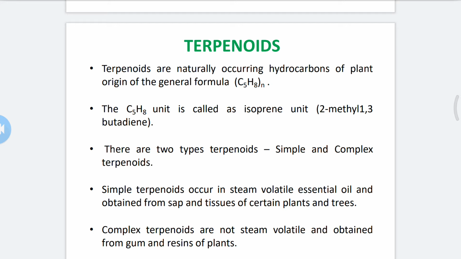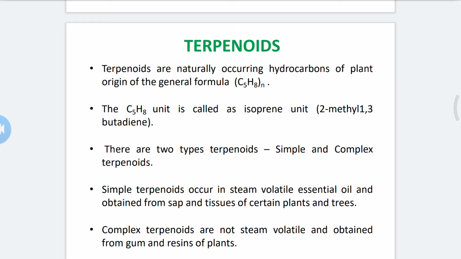The C5H8 unit is called the isoprene unit. C5H8 is 2-methyl-1,3-butadiene.